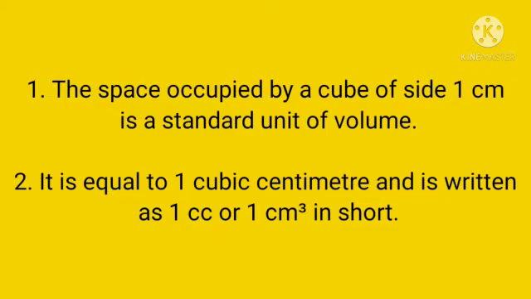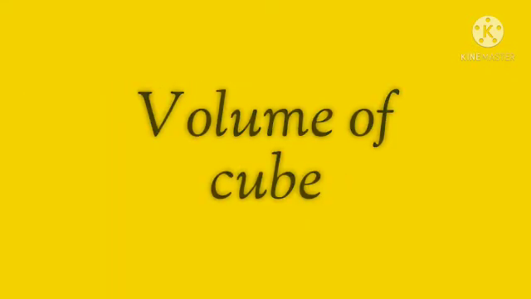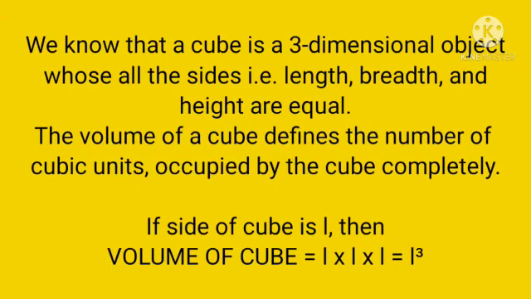Volume of cube. We know that a cube is a three-dimensional object whose sides, that is length, breadth and height, are all equal. The volume of a cube defines the number of cubic units occupied by the cube completely.